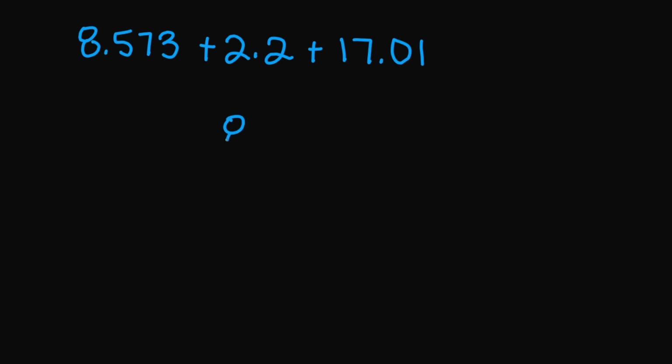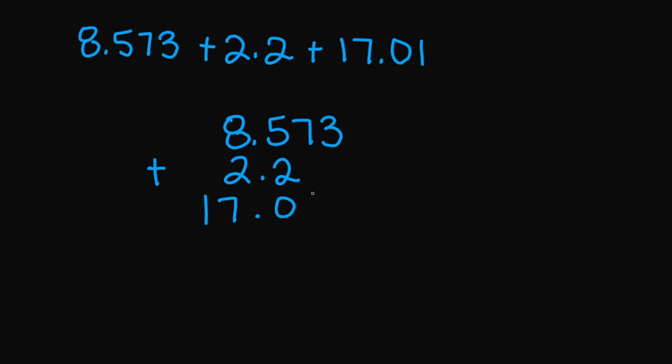So 8.573 plus 2.2, lining it up, plus 17.01. Let's go ahead and fill in the gap. So I can put a 0 here, I can add another 0 here, add a 0 here, and if you want, you can add imaginary zeros here, but you do not have to.